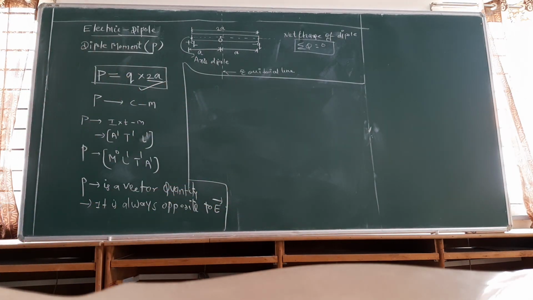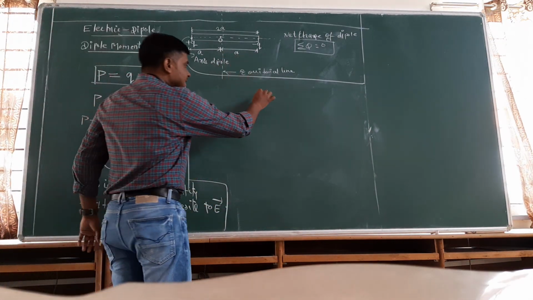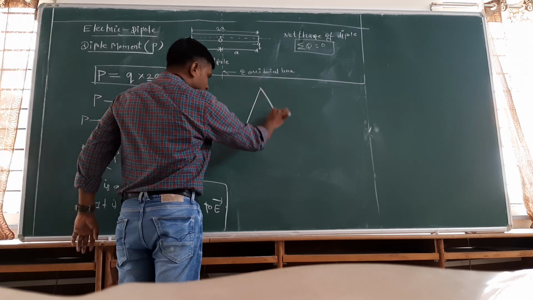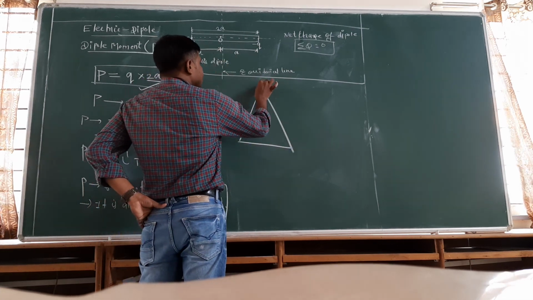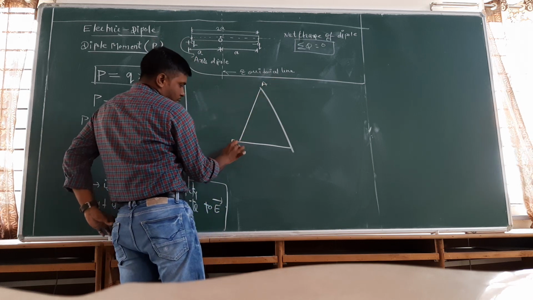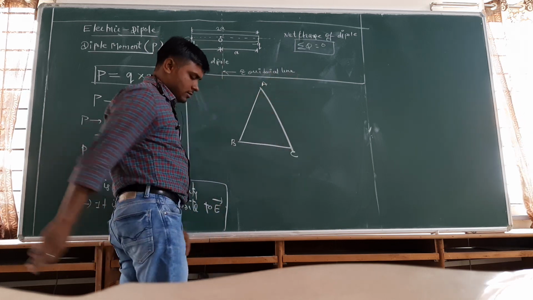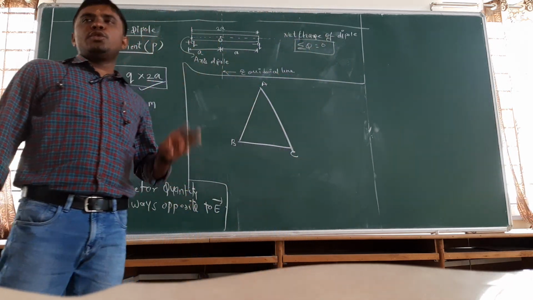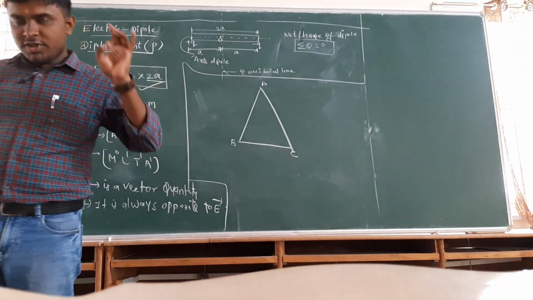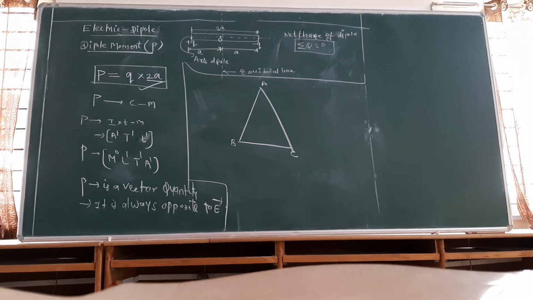Let's say this is a system of an equilateral triangle. These are the three vertices A, B and C. Three equal charges of magnitude Q are all placed at the three corners of the equilateral triangle.